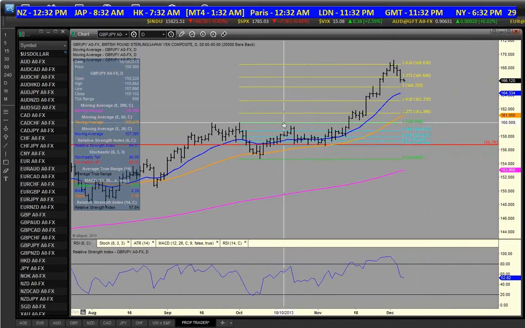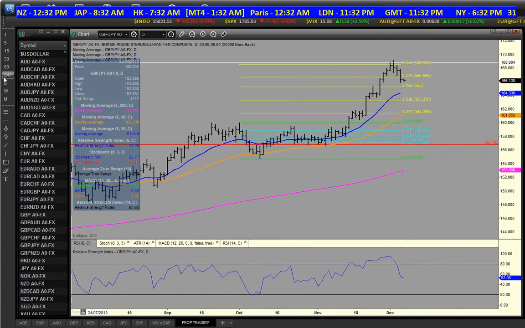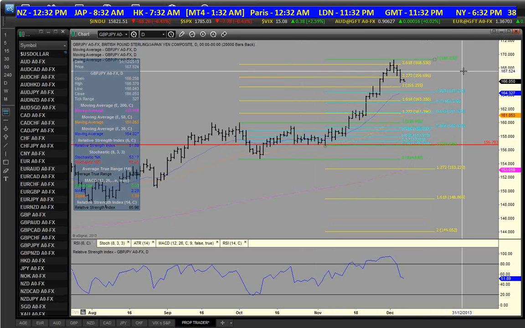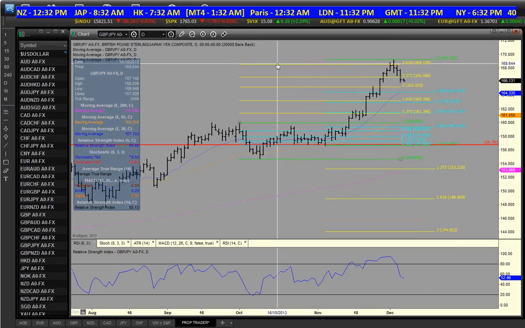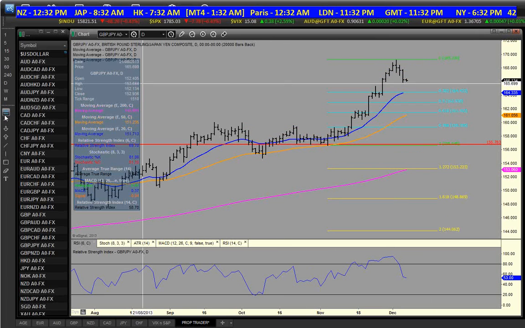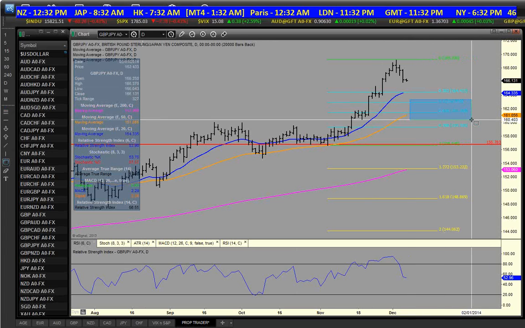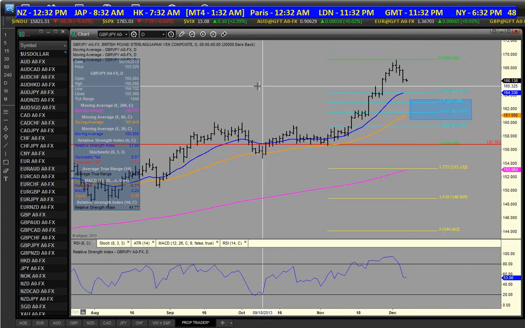However, looking at the 50, you might leave the phase 2 alone and be looking to get this long in sometime next week, in around there.